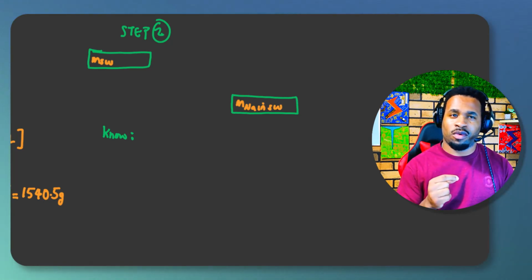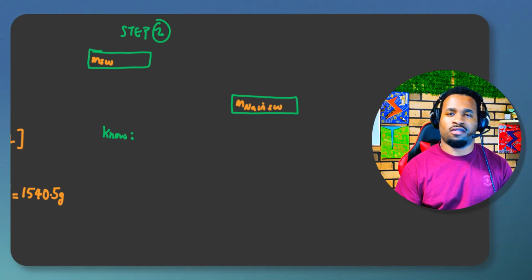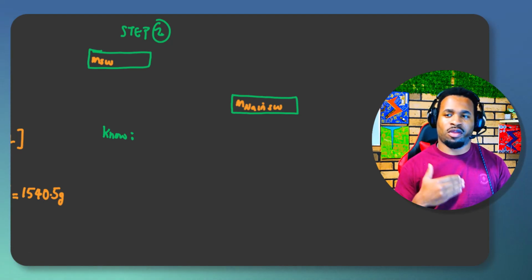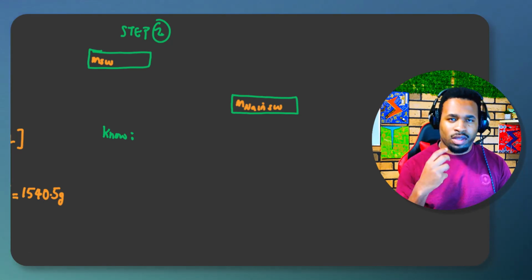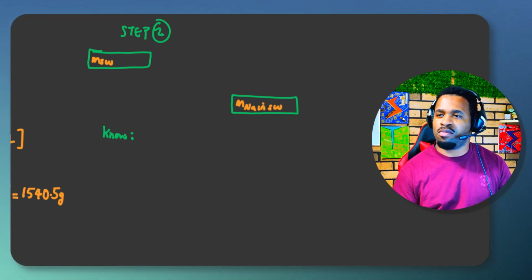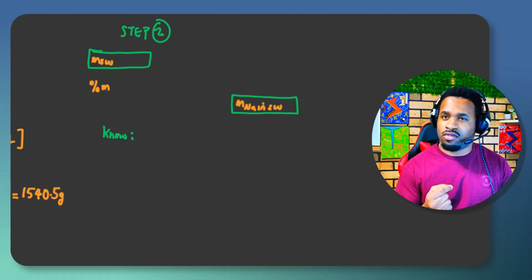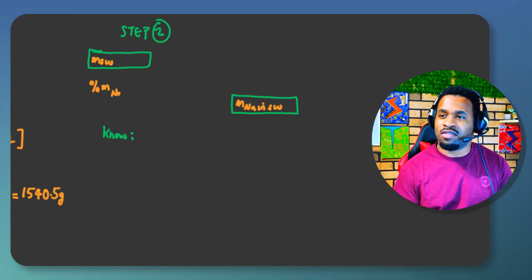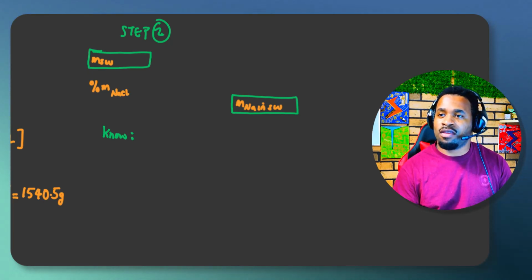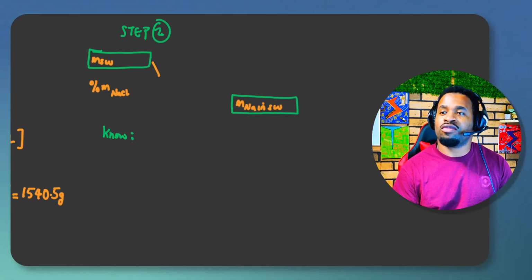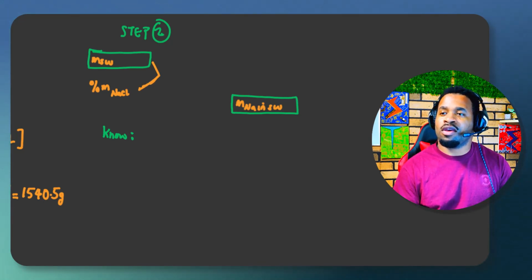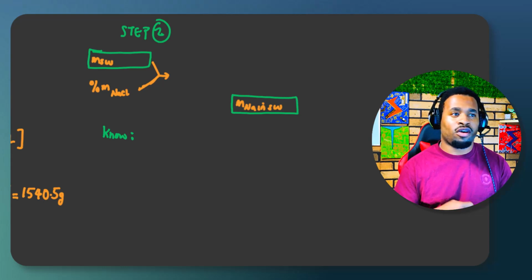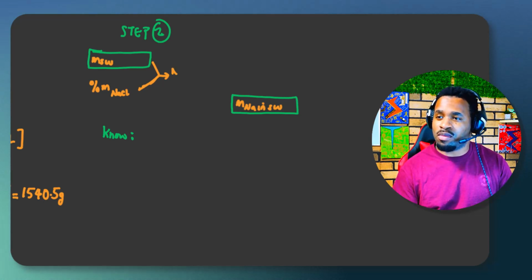To accomplish this, the first thing is to take the mass of the seawater and incorporate it with the percent by mass of the sodium chloride present in the seawater, and this will enable us to determine the mass of sodium chloride.